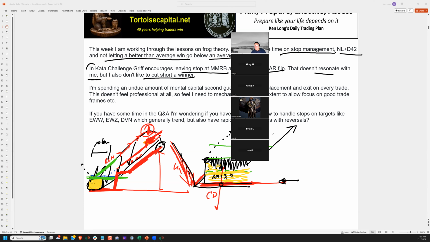When that thing gets to 0.5, then I believe that what I can do is get my stop to here and lock in the no lose plus dinner for two. Because now I'm taking a plus 0.5 as a signal that this original idea has worked enough that I can lock in a gain.